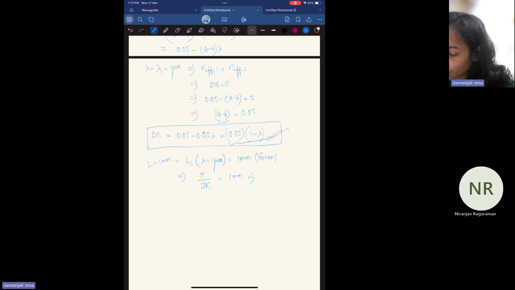So we can get the value of kappa now, which is pi by 2 millimeter inverse. This is the maximum information that we can get from the instruction. Now let us see what the question is asking about.